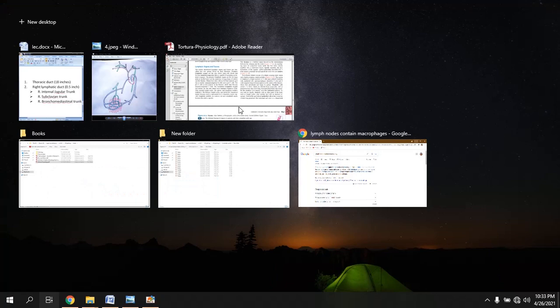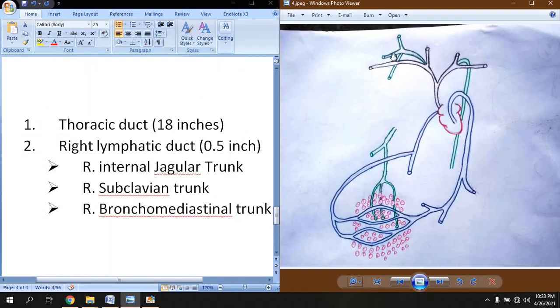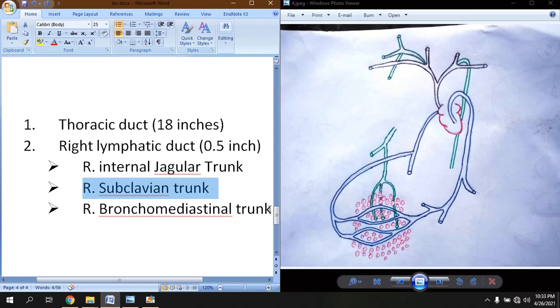The right subclavian trunk drains the lymph from the right upper limb, the right arm. And the next one is the right bronchomediastinal trunk. This drains the lymph from the right side of the thorax region and the mediastinal region. From the right mediastinum and the right thorax region, it drains the lymph towards the right lymphatic duct.